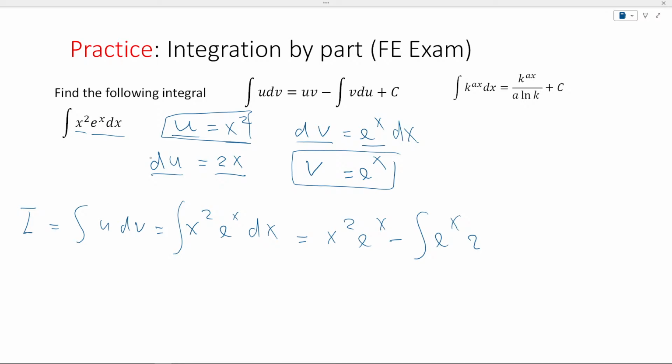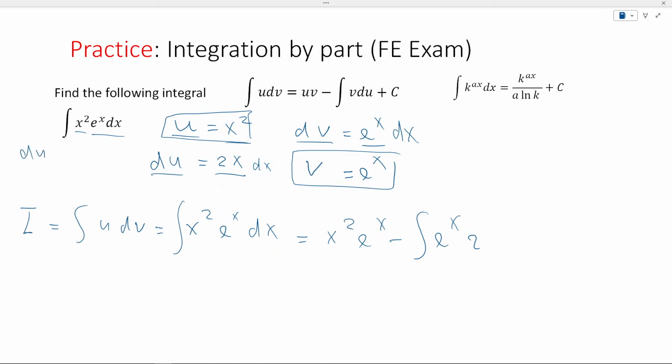Sorry, there should be a dx here, because I forgot to put a dx here. There should be a dx here because du over dx is equal to 2x.